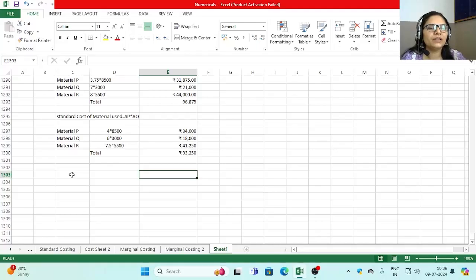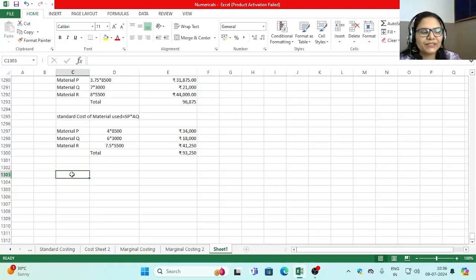Now, for calculation of mix variance, we need to calculate SP into RAQ. And RAQ we have discussed is about actual mix into standard mix ratio.